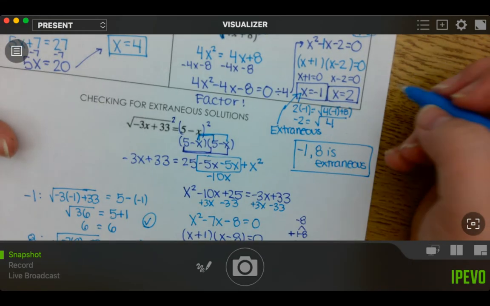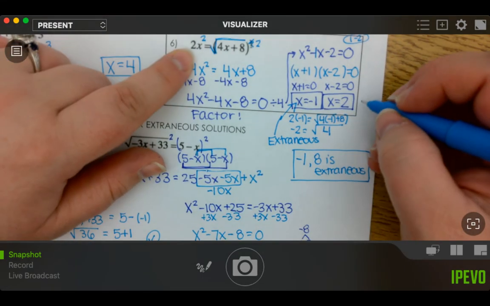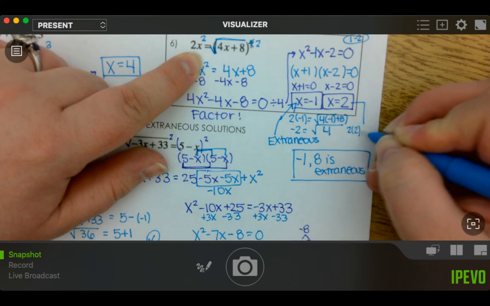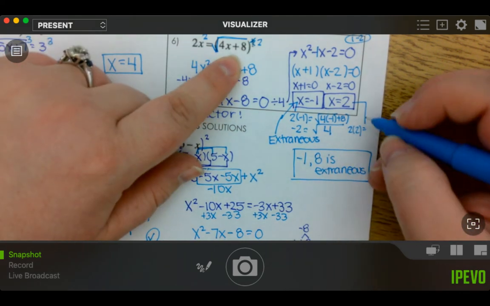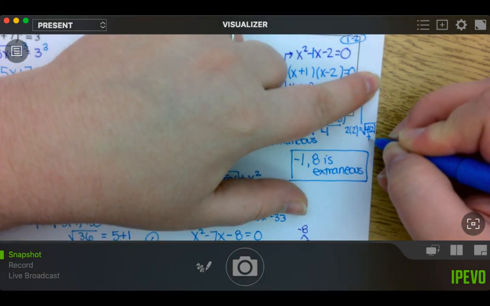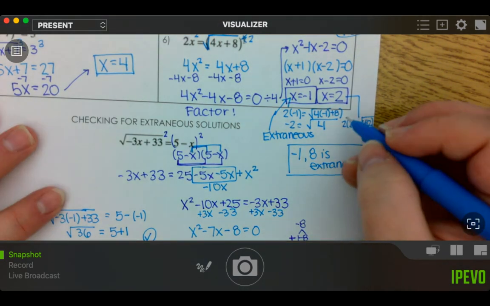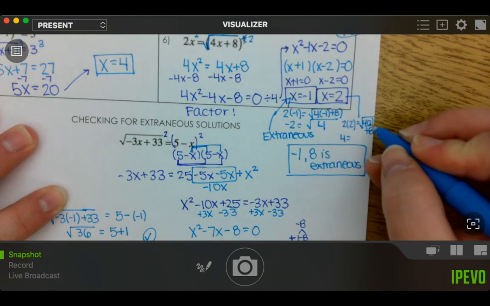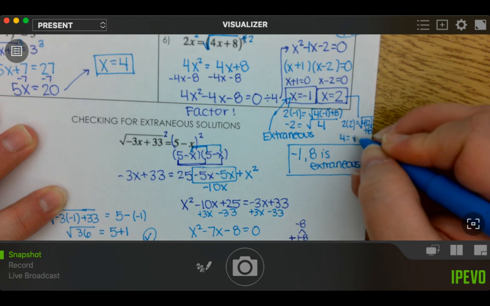Anytime you get two answers, check them both to make sure they both work. I'm going to come up here again and check 2. So I'm going to have 2 times 2 equals the square root of 4 times 2 plus 8. So this is 4 equals 4 times 2 is 8 plus 8 is 16.